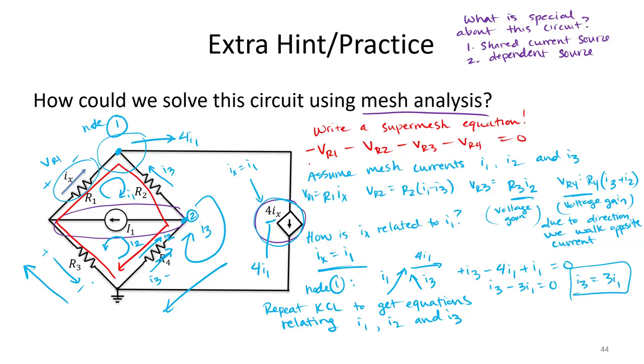Once I have that, I can substitute into my supermesh equation. My goal is to get 3 equations and 3 unknowns, and then I can solve for my supermesh and solve for that current Ix.